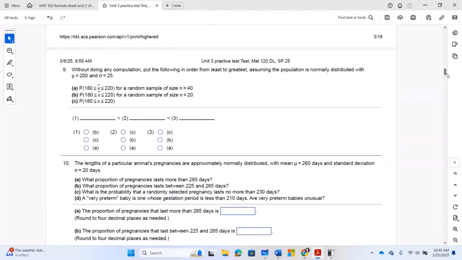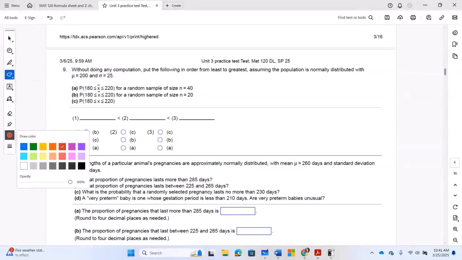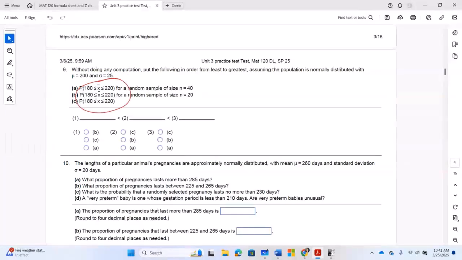But anyway, you will have to put them in order. It says, without doing any calculation, put the following in order from least to greatest, assuming the population is normally distributed. I hope you know that this is a question on central limit theorem, where they are asking you to find the area between the random variables.